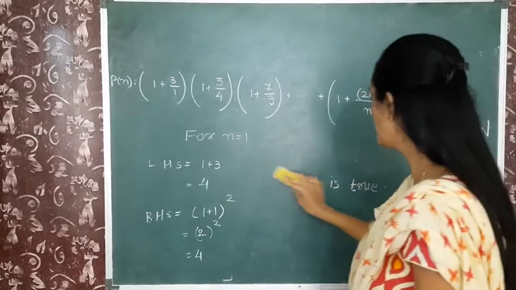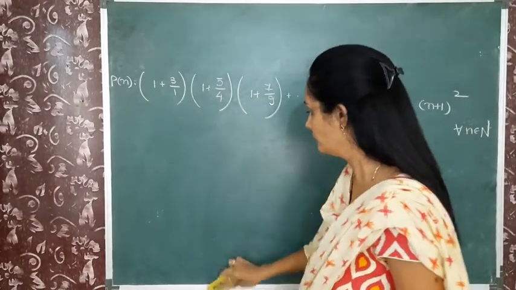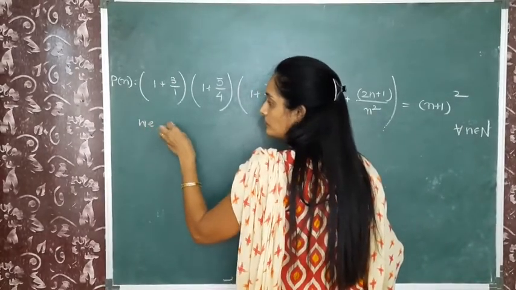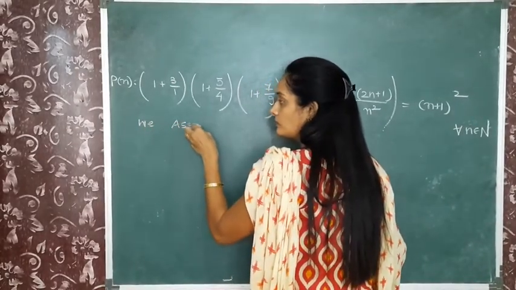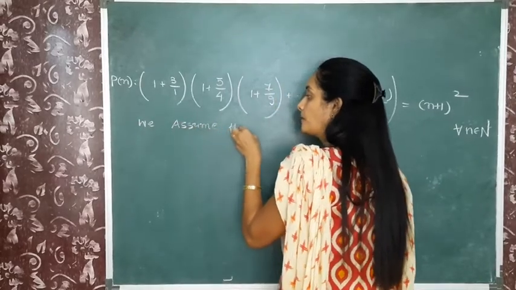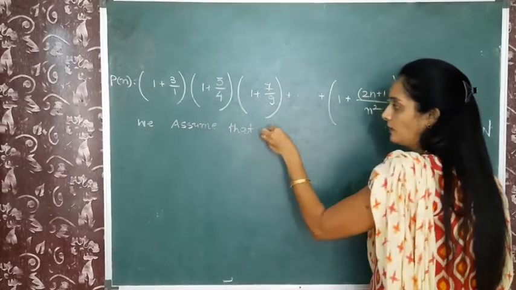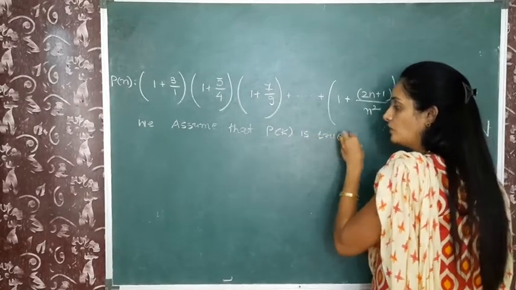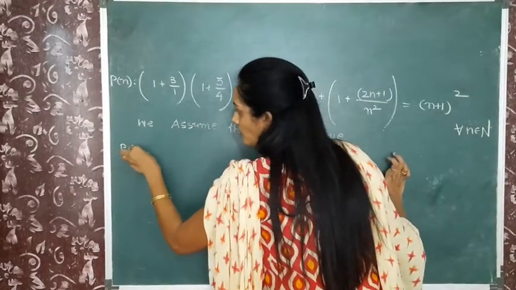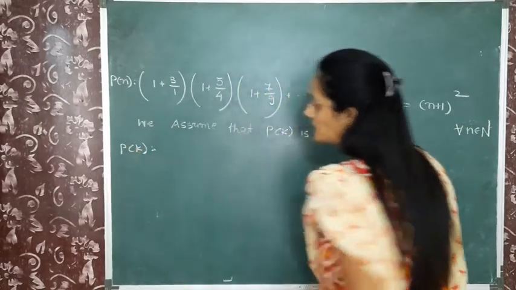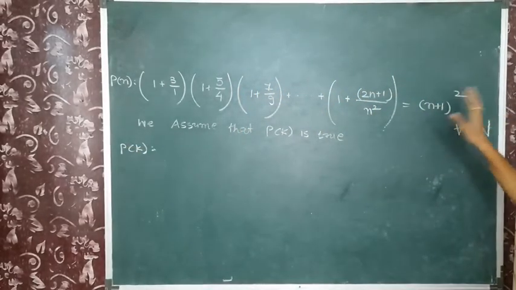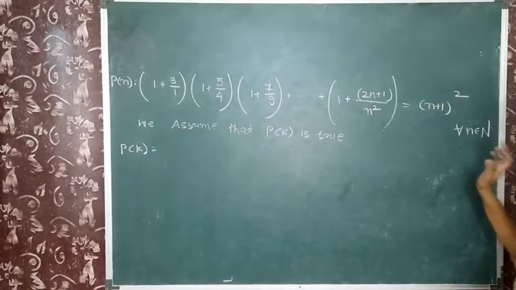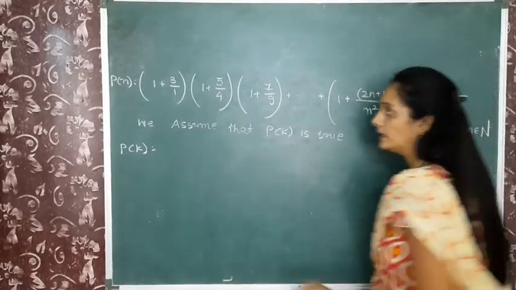Now we assume that P of k is true. So we write statement P of k, that means exactly statement Pn, but we write k instead of n. That means n is replaced by k.